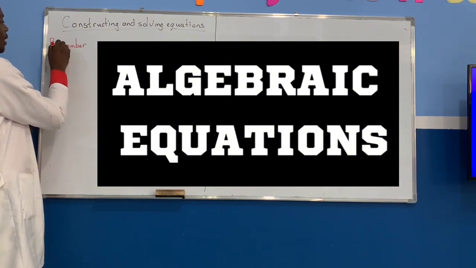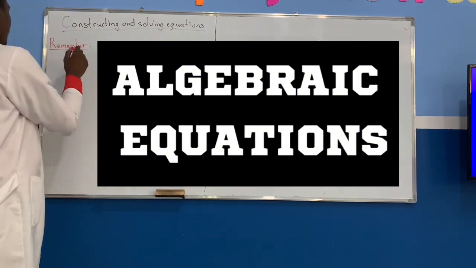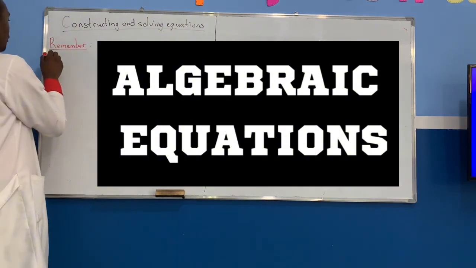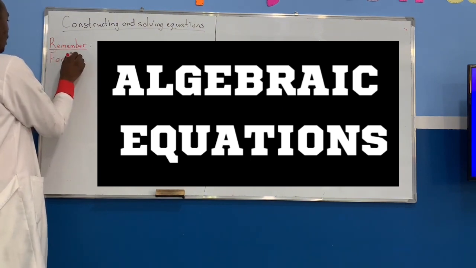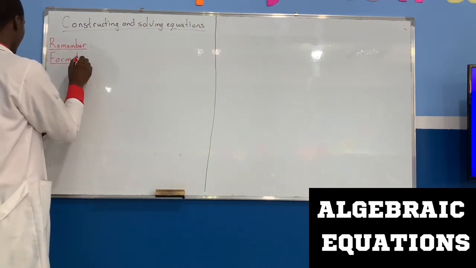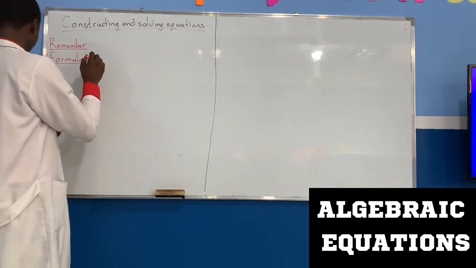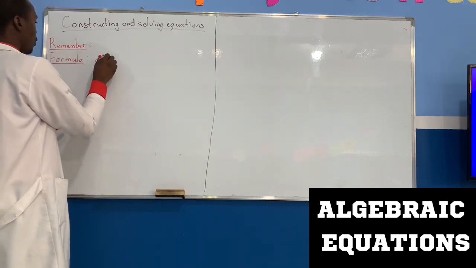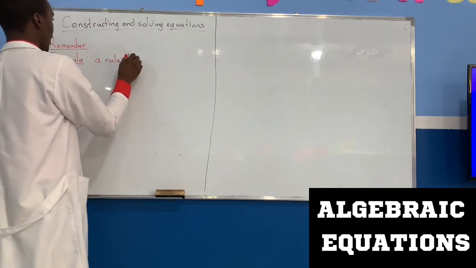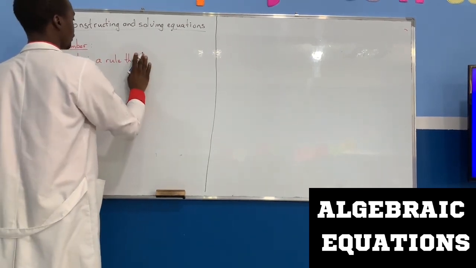We've looked at expressions before. Now we need to see if there's a difference between equations, formulas and expressions. So a formula is a rule.